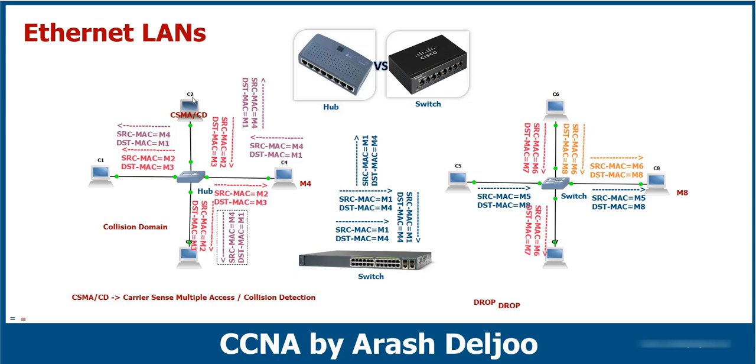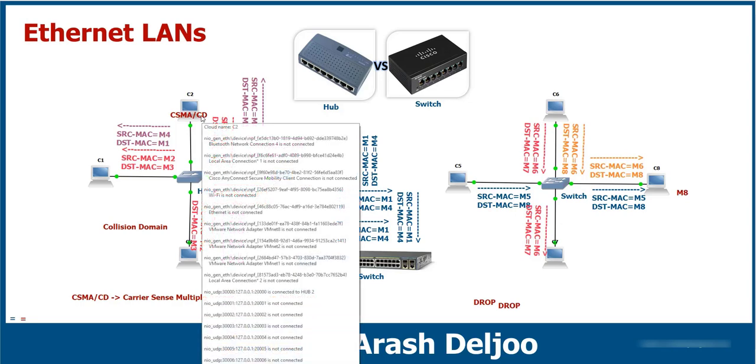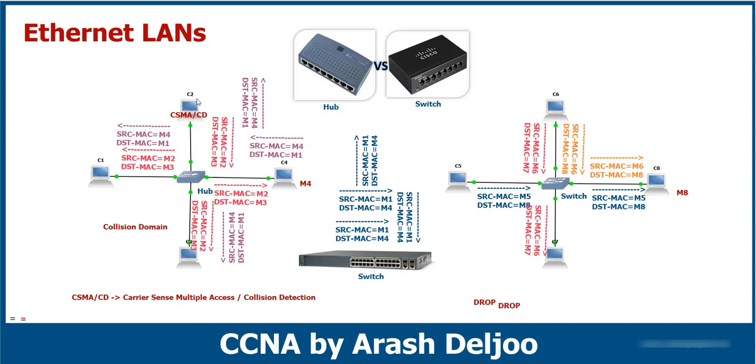This means that, for example, C2 is now sending traffic. After that, at the same time C4 starts to send traffic. C2 can now understand that a collision has occurred. Why? Because the sent traffic and the received traffic are not the same. This means that we have another traffic on the link. You know that when C2 sends the traffic, it can hear the line.